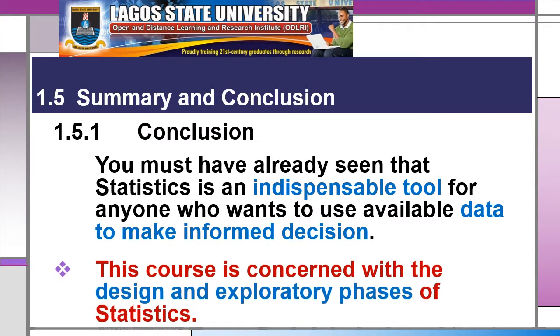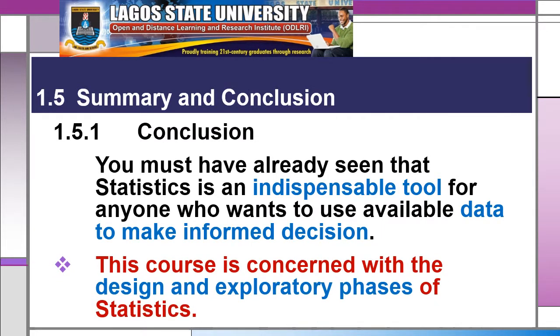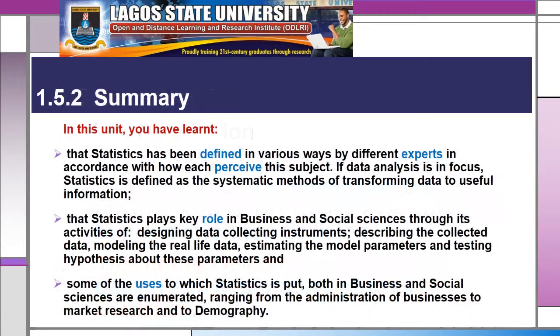Now, this course is concerned with the design and exploratory phases of statistics. That is, the other three phases of statistics will be considered at a higher level. Now, in summary, what have we learned in this lesson?